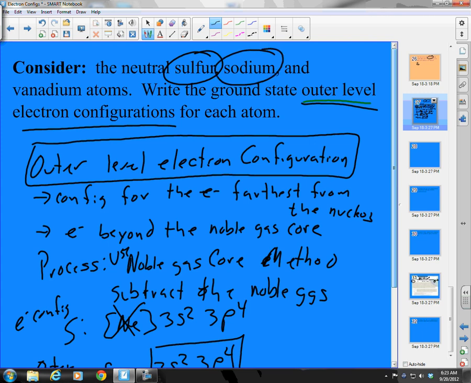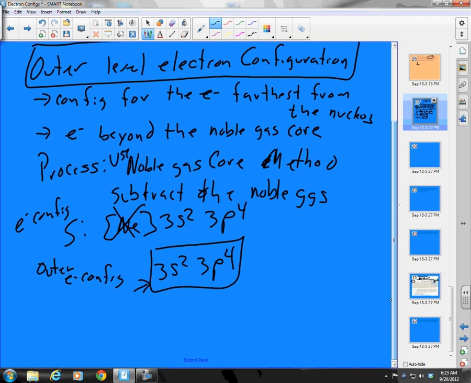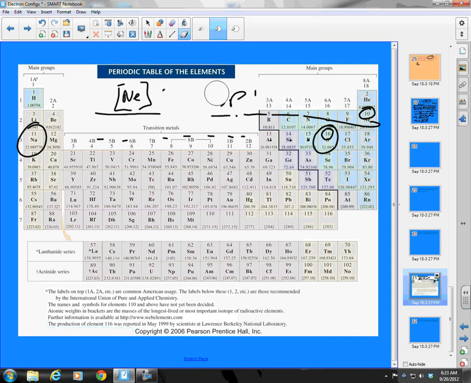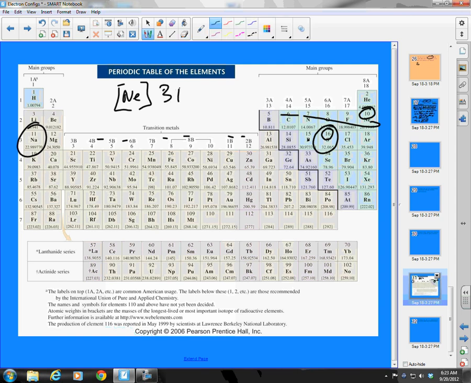Sodium, piece of cake. Sodium is right here. Sodium is 11, and here is neon. My total configuration for sodium is neon 3s1.